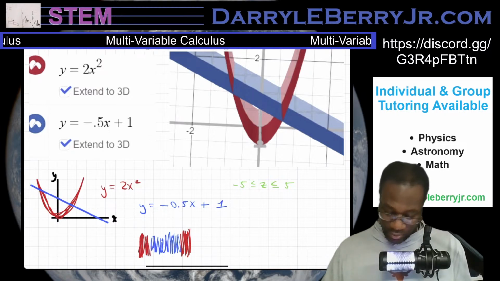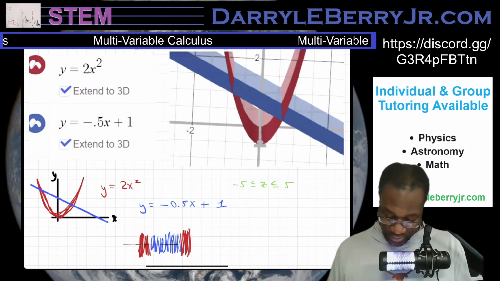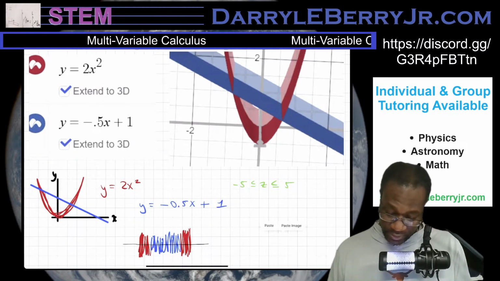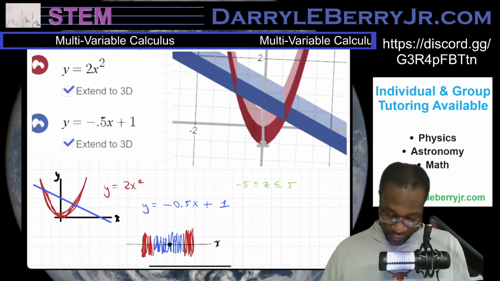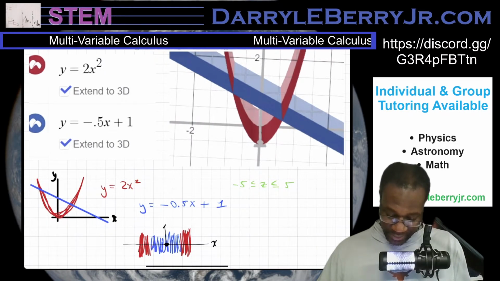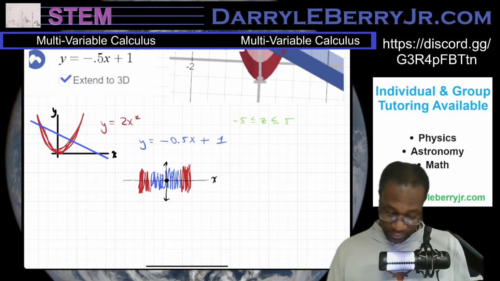So the line is cutting across, and this will be the x-axis. The y-axis would be here in the middle, and the z-axis would be coming out here.